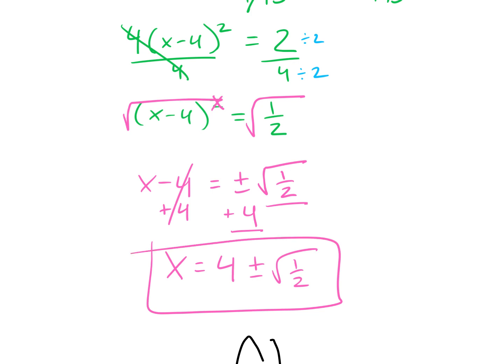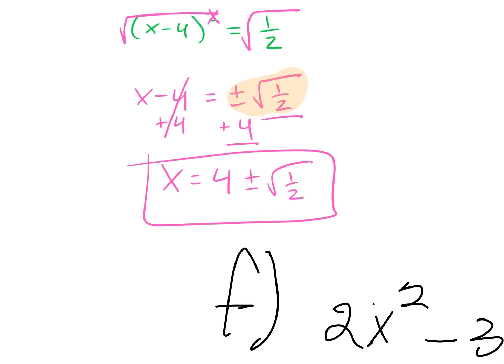So the plus or minus always just sticks with what it's attached to, and then you can put the real part in front. Technically this would be standard form. If you put it in the other order, so plus or minus the square root of 1/2 plus 4, that would be fine too. Just make sure the plus or minus is with the 1/2.